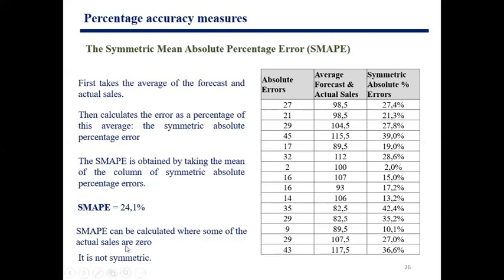But to wrap up, when you have low forecasts, when you have low average, or let's say low sales, your symmetric absolute error will be low, and when you have high, it will be high, and when you have high average, your absolute error will be low. So it's not that symmetric.